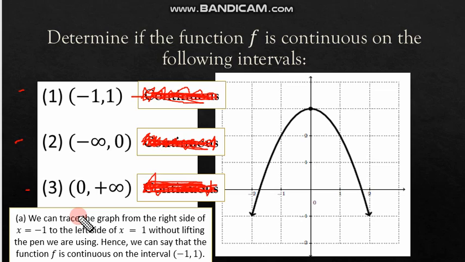Do not be confused about this interval. It is not the same as the point at x and y in the coordinate plane, from -1 and 1, also known as this part of the Cartesian plane. No, it's not.